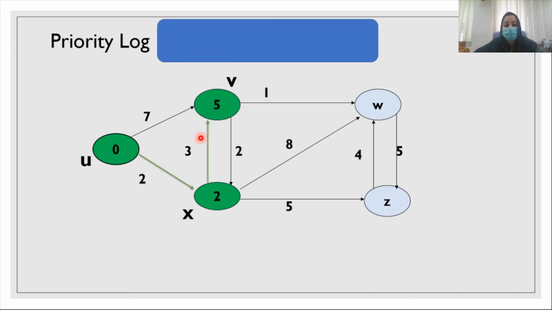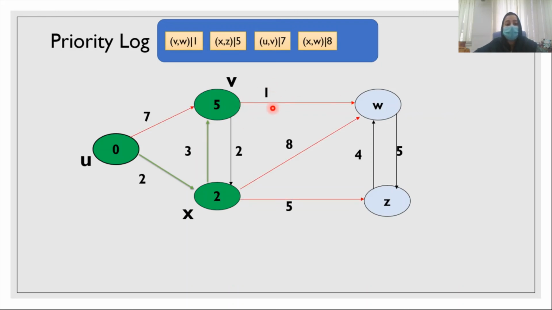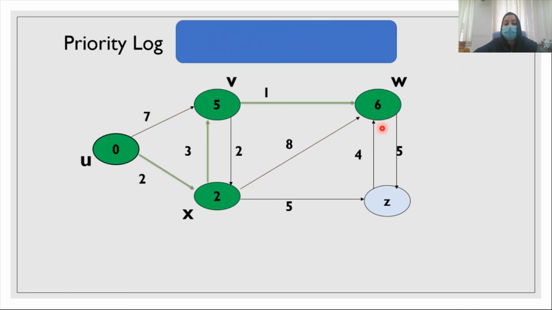Now moving on, we will have these edges, V to W, which is 1. Of course, because we are working with the shortest and greedy path, we will select this W1. So W becomes visited with a weight of 6. That means if you want to go from U to W, you will go to the X, then V, and then you will go to the W.